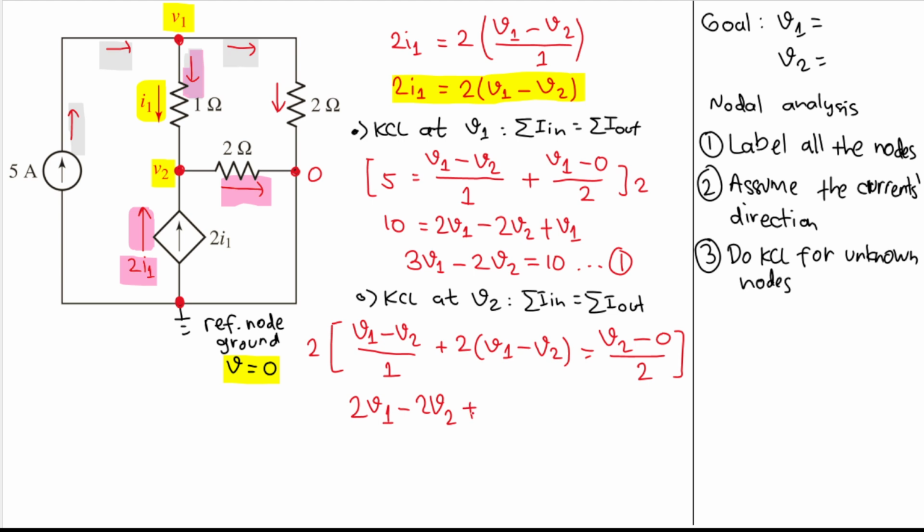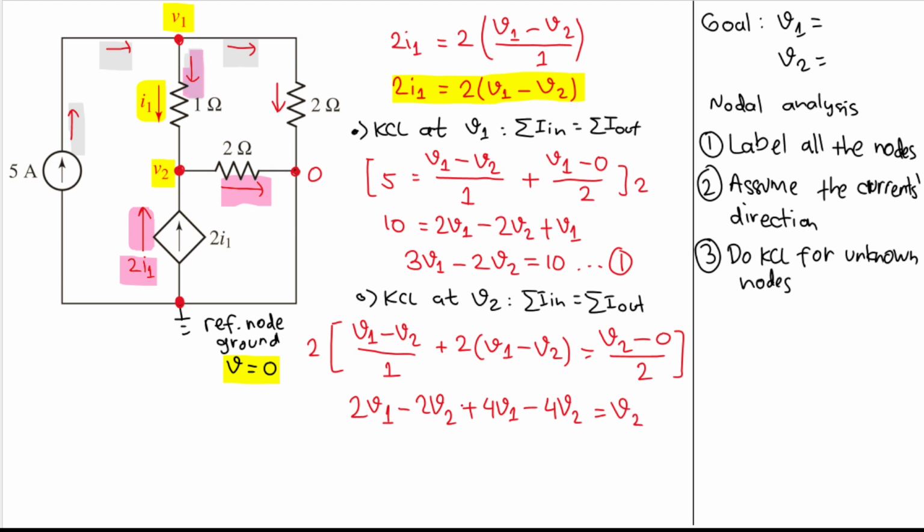And then 2 multiplied by 2 is 4, so I will have 4V1 and then minus 4V2. And that will equal, 2 and 2 will cancel each other, so I will have V2 on the right hand side.